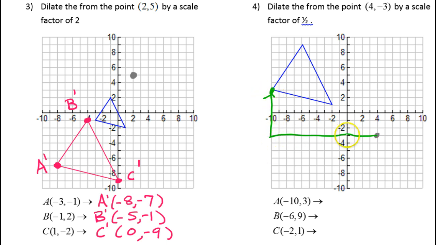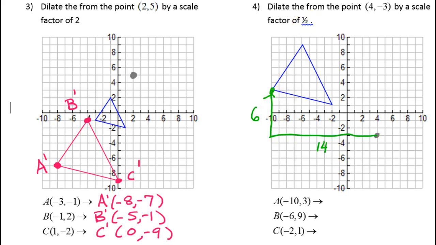So that's 10 and 4, so that was left 14. And here I've got 3 below and 3 above, so that's 6. So I just went left 14 and up 6.